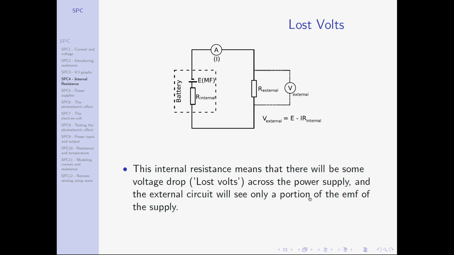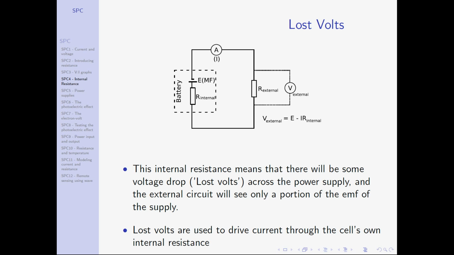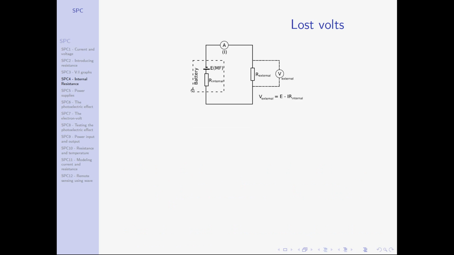So only some of the EMF is going to get to the external circuit in order to power up whatever external load, be it resistor, bulb, etc., that we're trying to supply. So this is what's lost driving the current through the internal resistance.